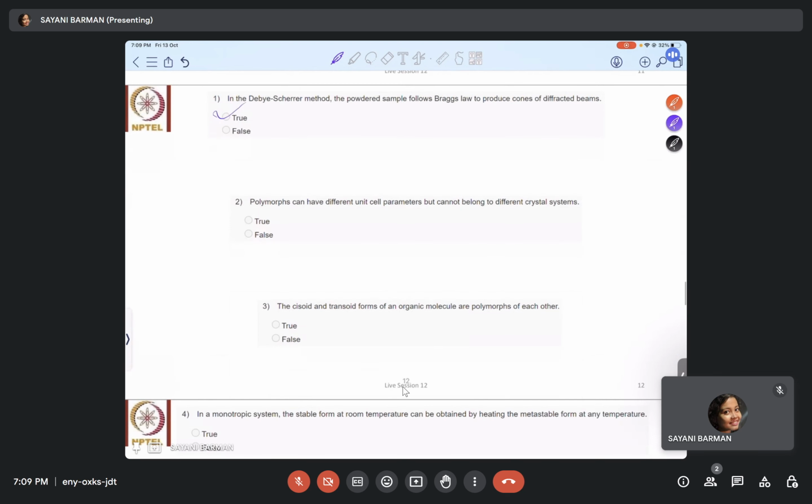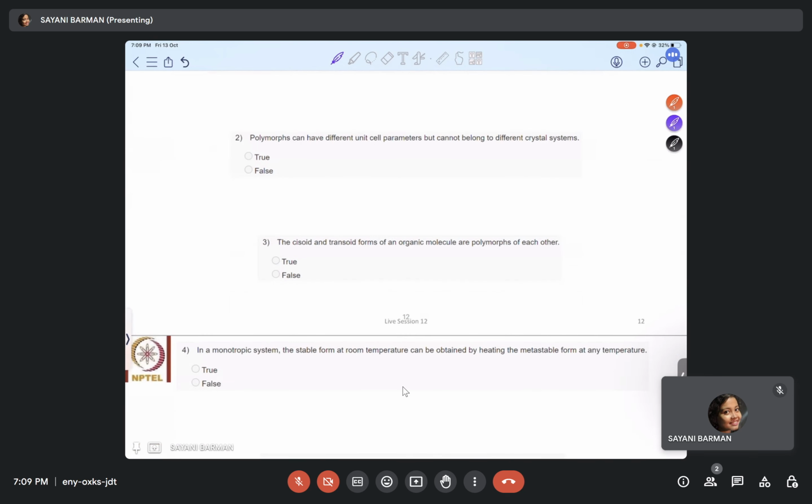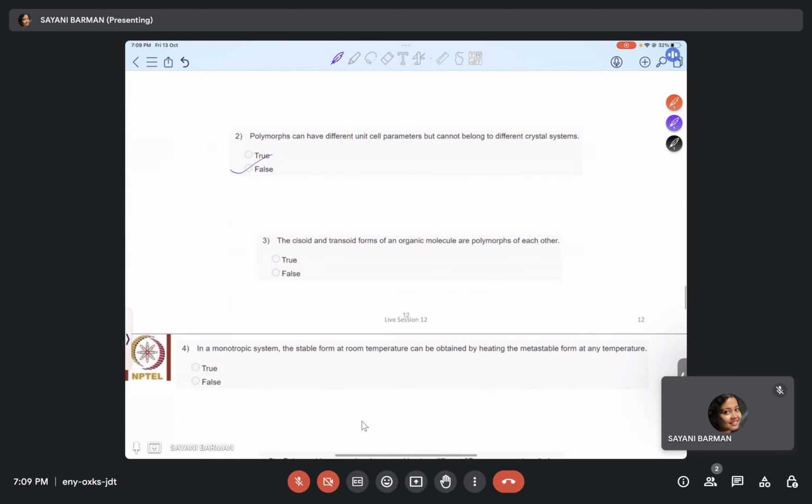Now, the next one is: polymorphs can have different unit cell parameters but cannot belong to different crystal systems. No, it's wrong. They can belong to different crystal systems. So it's false. Next one is: the cisoid and transoid forms of an organic molecule are polymorphs of each other.